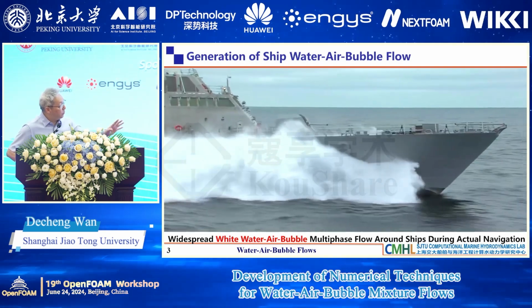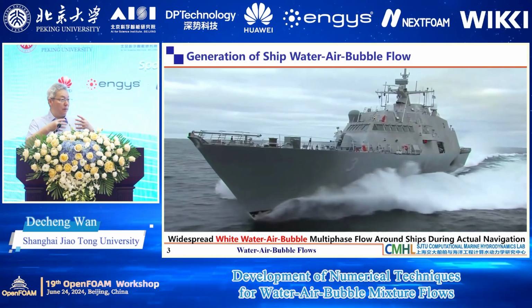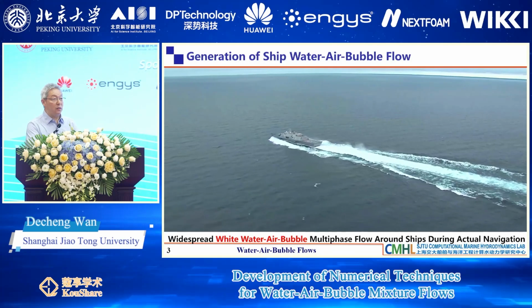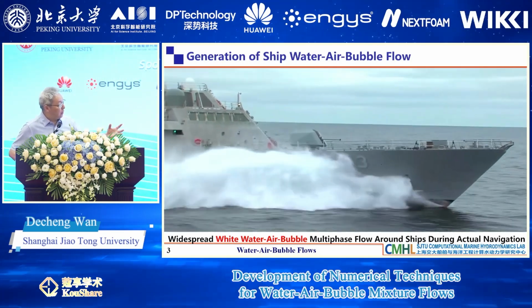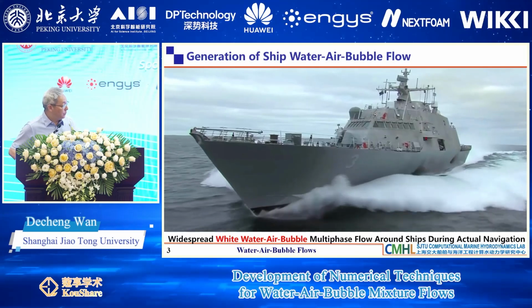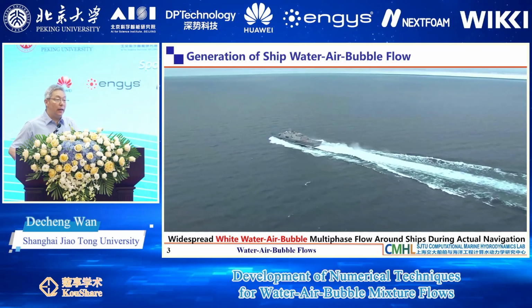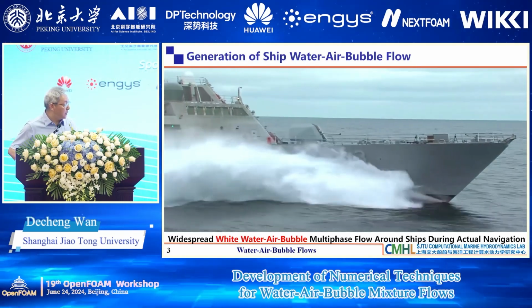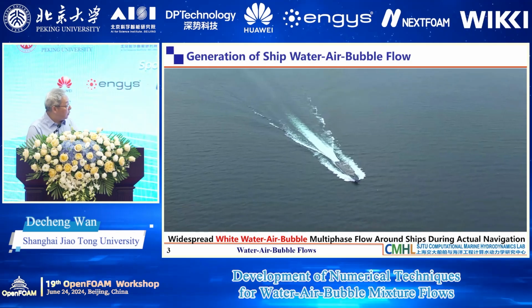When the ship is moving in the sea, there is always a lot of foam flow. You see the white flow along the ship, and a lot of splashing. This is a kind of air bubble mixture, multi-phase flow. So what is behind this?